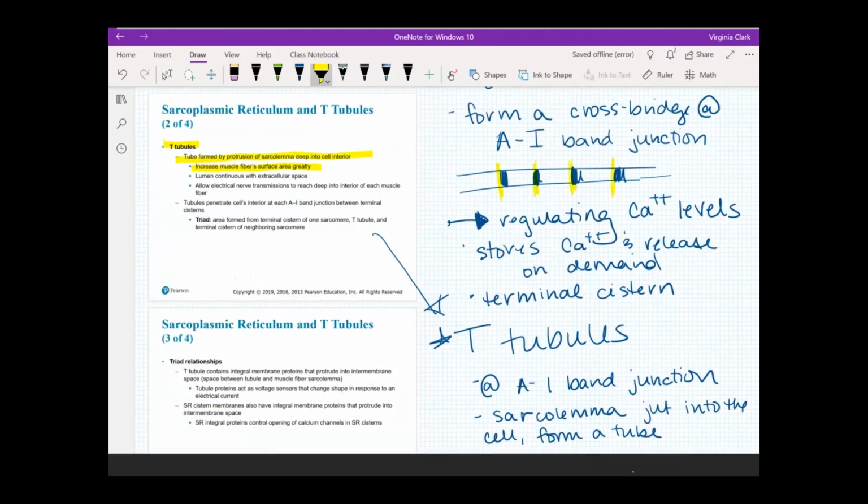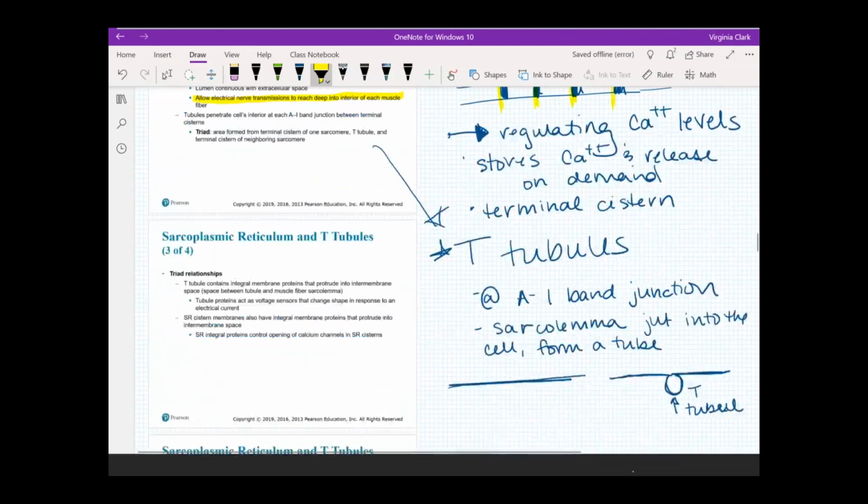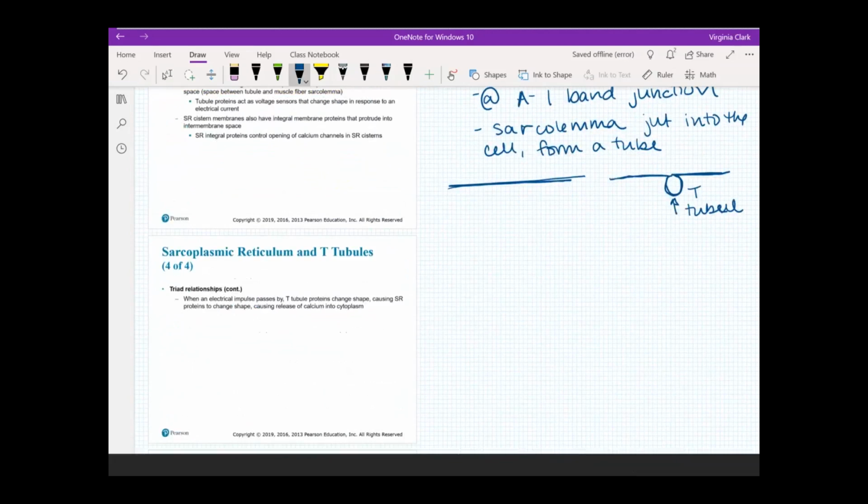And it will allow electrical nerve transmissions to reach deep inside the cell. So if we are going to have any kind of electrical change on the outside of the cell, guess what you can also do, you can now have that inside the cell.